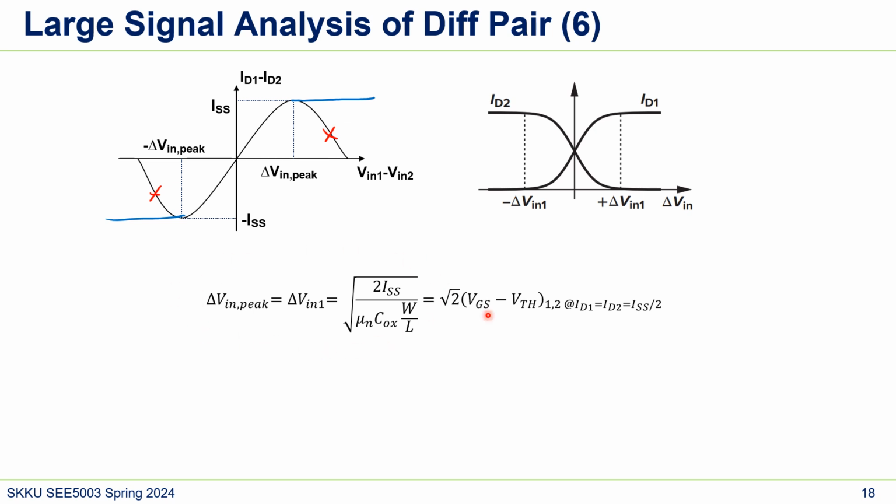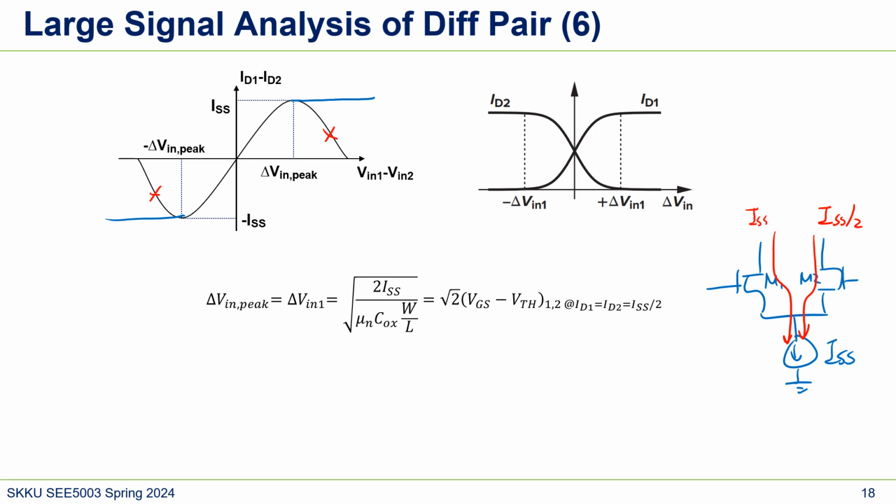But interestingly, we can also represent this value, Vin peak, which is the maximum allowed differential input voltage, as a function of this. So it is M1, M2, and ISS, assuming that they flow the same current when Vin1 minus Vin2 is 0.